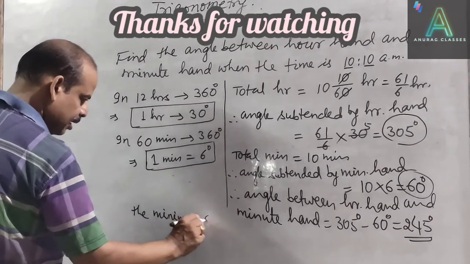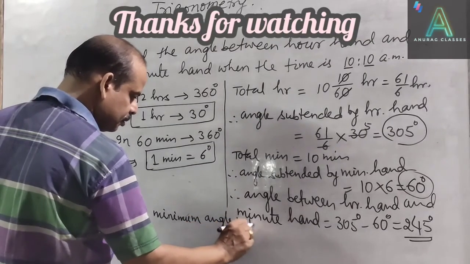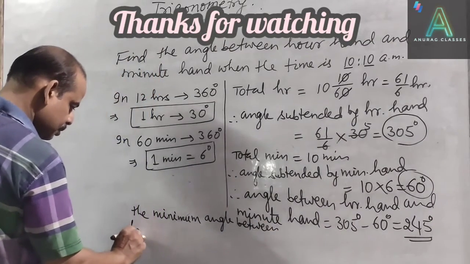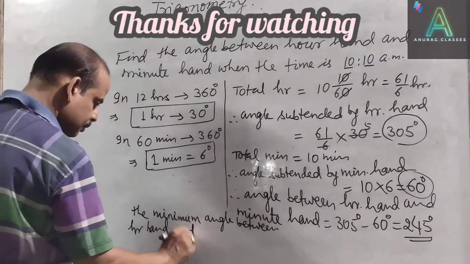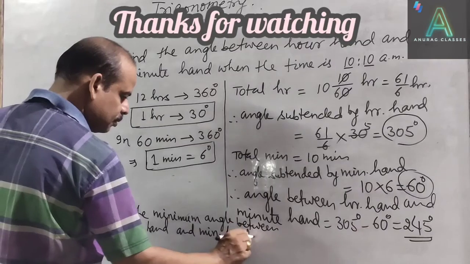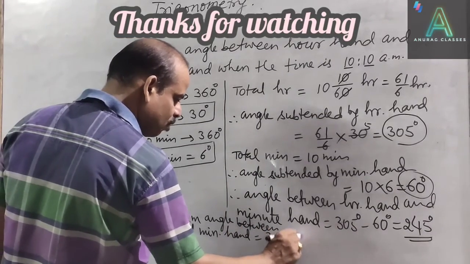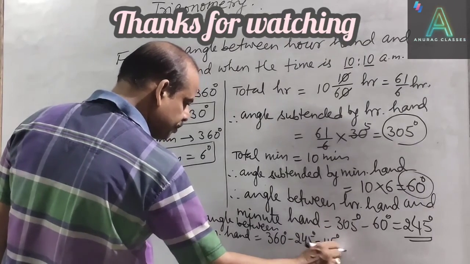The minimum angle between hour hand and minute hand will be 360 degree minus 245 degree, and it will be 115 degree.